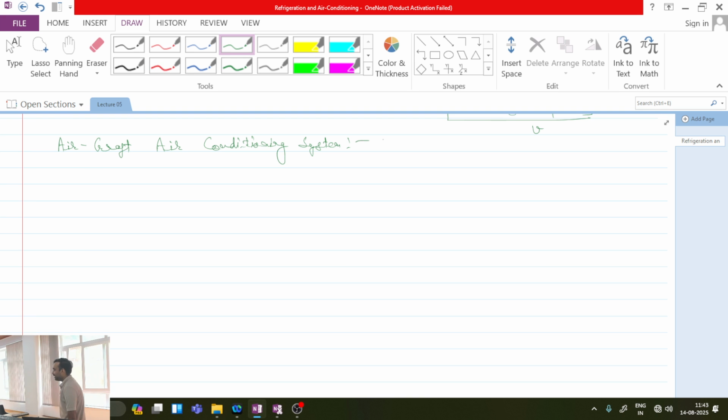Okay, first you tell me why there is need of air conditioning inside the room? To maintain the temperature. Why do we need to maintain temperature? Just a simple question. For example, outside temperature is 22 and this is the room.